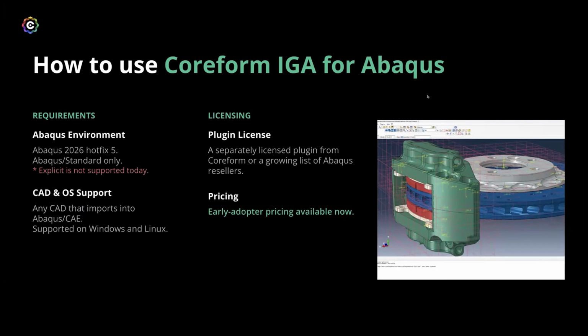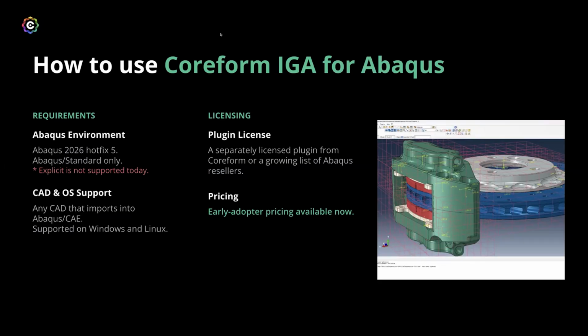We also provide a license for this plugin. In addition to your Abaqus, you need a license for Coreform IGA for Abaqus. You can license that through us or through a growing list of Abaqus resellers. There is early adopter pricing available now if you're interested to try out these initial few releases.